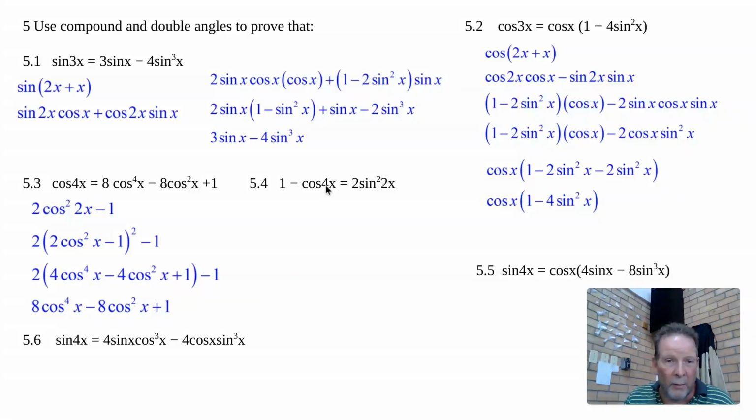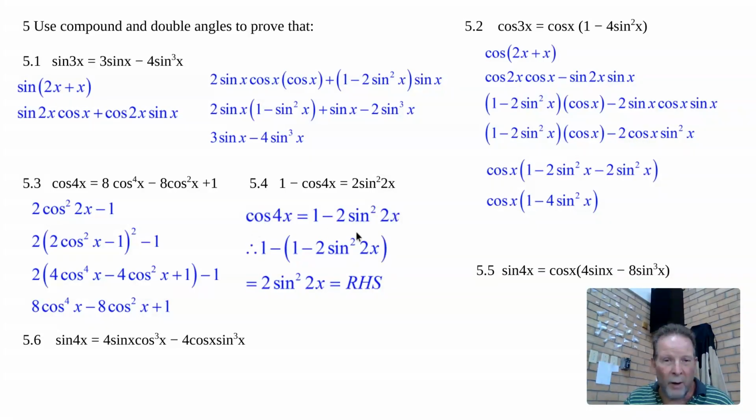Let's try this one. Okay, I know that the cos of 4x is equal to 1 minus 2 sine squared 2x. I know that's true. That's the double angle identity. The cos of 2 times 2x is 1 minus 2 sine squared of 2x. That's a little hard for people's eyes sometimes, but that 2 times this angle equals 1 minus 2 times the sine squared of that angle there, of 2x.